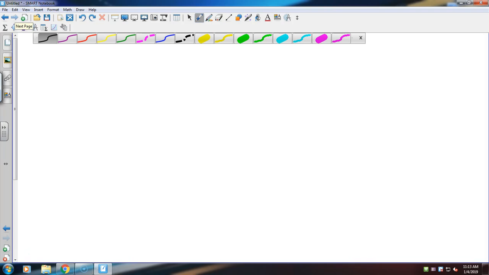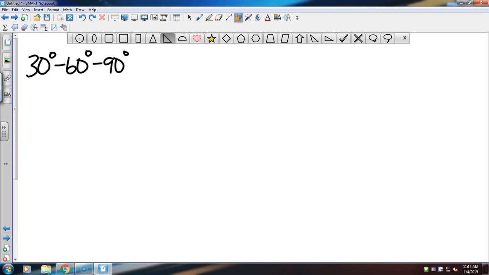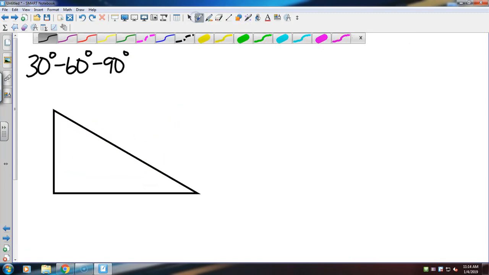Now we're going to talk about the 30, 60, 90. And the 30, 60, 90 is a triangle up here that I use a lot. So this would be the 30. This would be the 60, and obviously the 90 is already labeled.